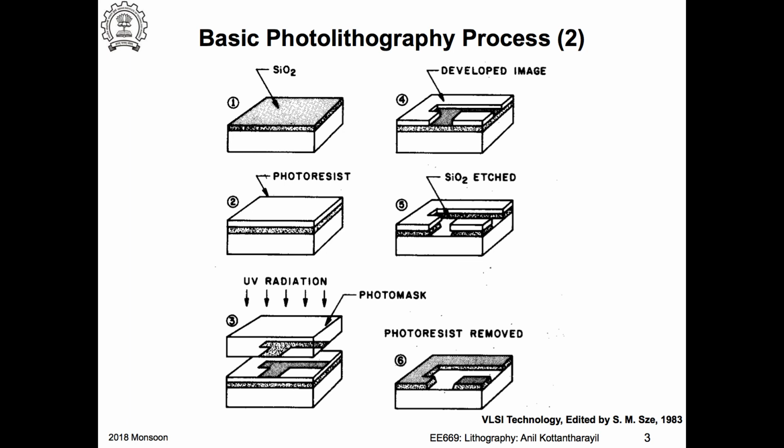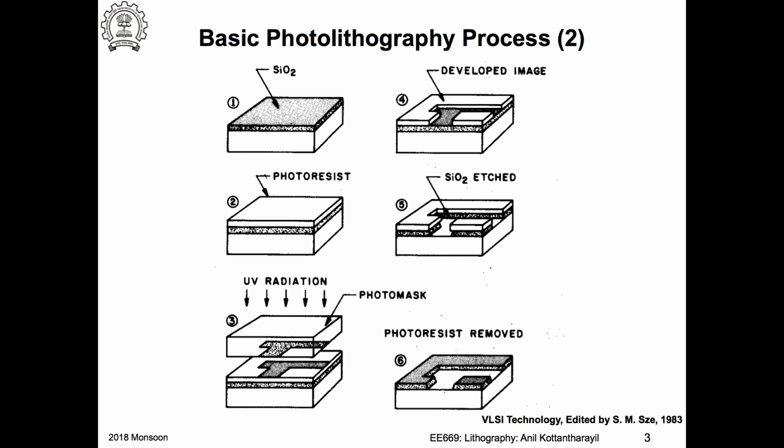So this is called a negative photoresist. The resist regions that are not exposed to light can be etched out in the developer. The opposite is positive photoresist, where the regions that are exposed to light would dissolve in the developer.